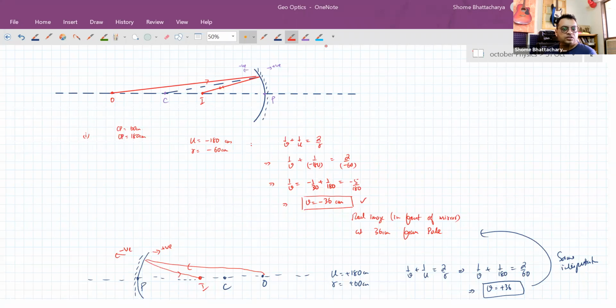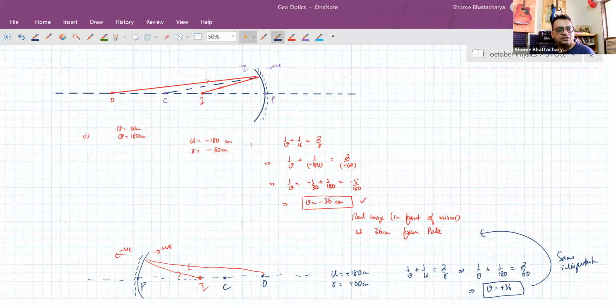Okay, so this is the advantage of the Cartesian sign convention. And you don't have to switch things. You don't have to switch the formula also. We'll see later when we switch the side in which the mirror is placed, or when you switch a mirror from concave to convex or something, you don't have to alter the formula. No, you can always switch also. It's fine. You can switch the sign convention, make this side negative, that side positive.